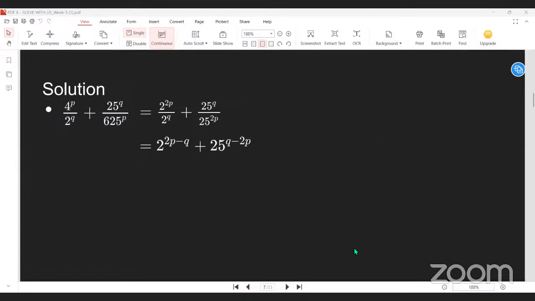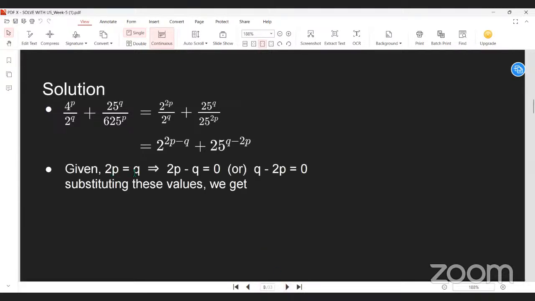Till this everyone is following? Now moving forward, given that 2p equals q, it was given in the question. So 2p minus q equals 0, or q minus 2p equals 0. One time we can take q to the left hand side, and in another case we can take 2p to the right hand side.